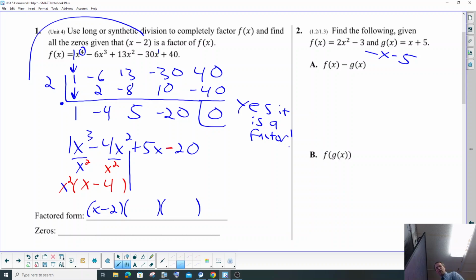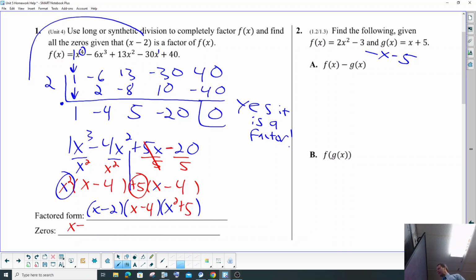What's the GCF? 5x and 20. Do you remember? That's right, we're going to pull out a 5. So when we pull out a 5, we're left with x minus 4. So then our other factor is x minus 4. And our last factor is x squared plus 5.